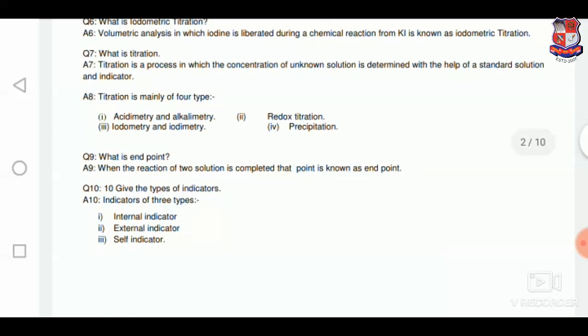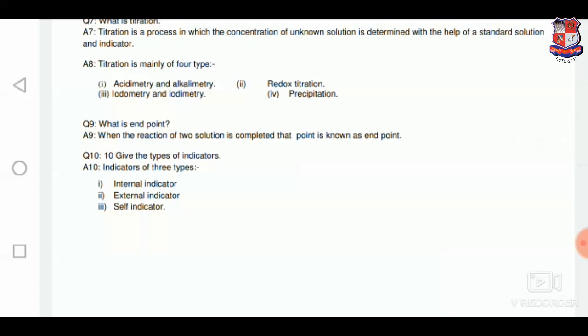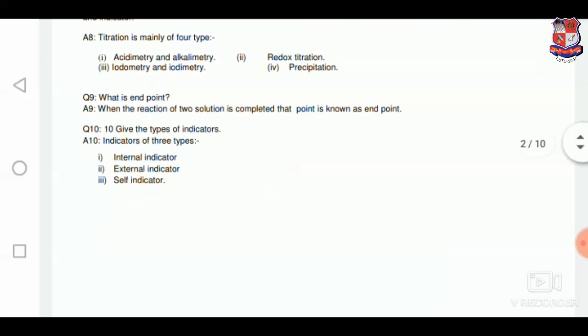Titration is mainly of types: acidimetry, alkalimetry, redox titration, iodometry, iodimetry, and precipitation. What is the end point? When the reaction of the two solutions is completed, that point is known as the end point.